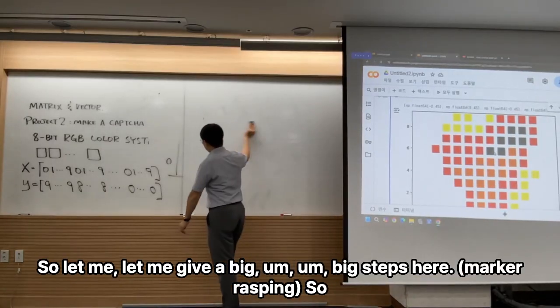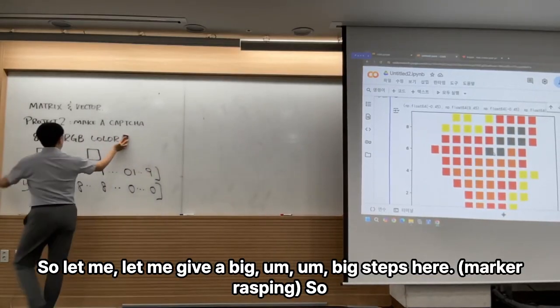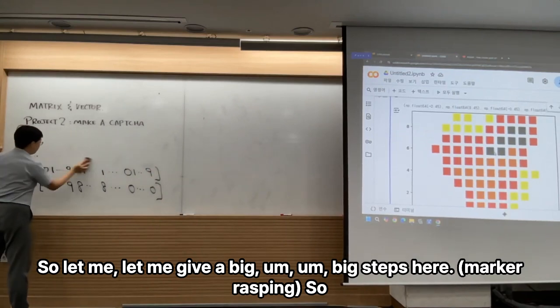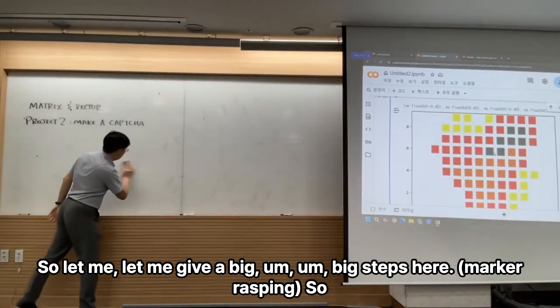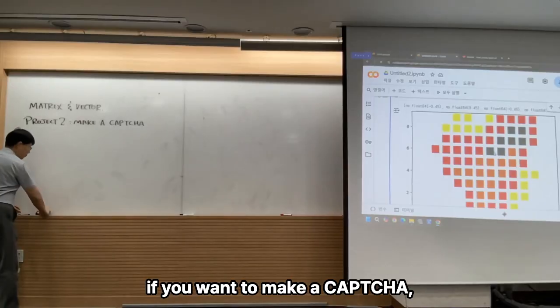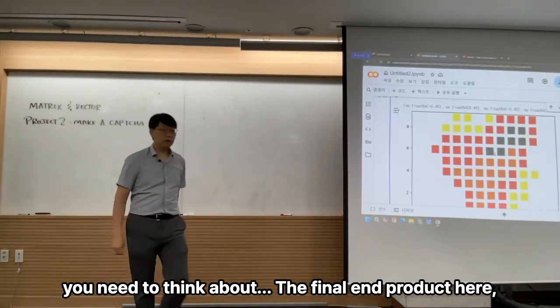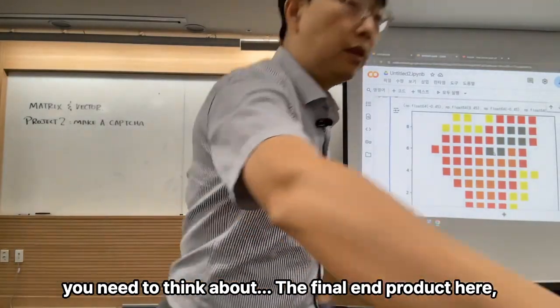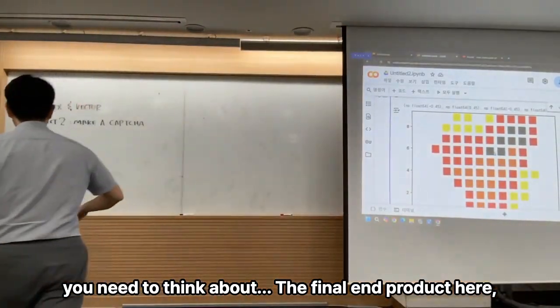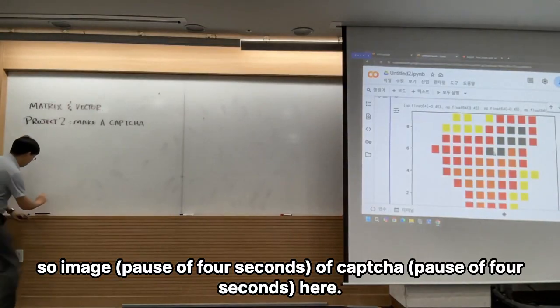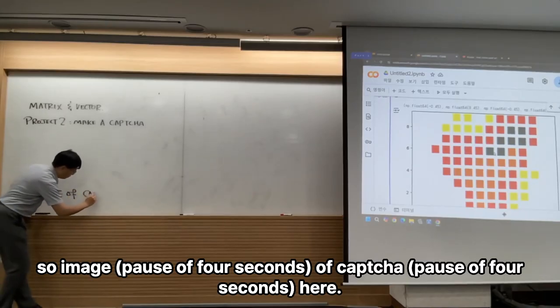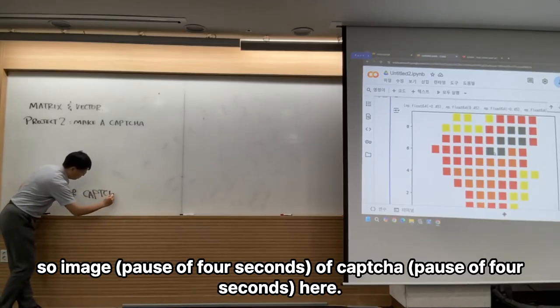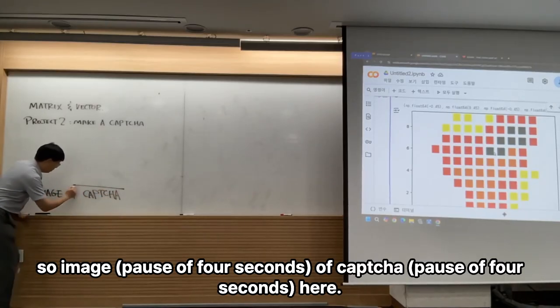So let me give big steps here. If you want to make a captcha, you need to think about the final end product here. So the image of captcha is here.